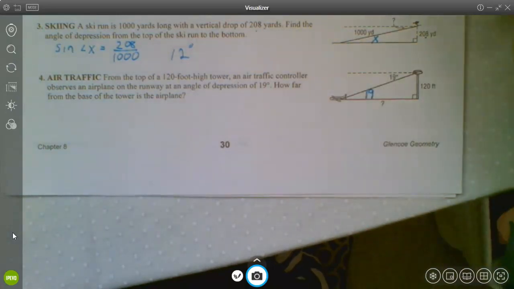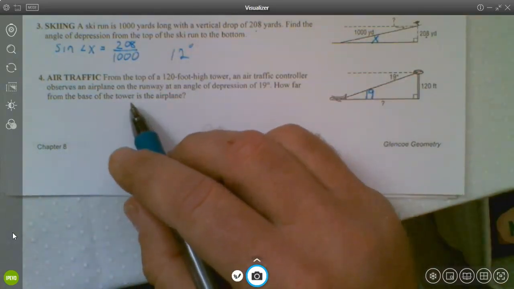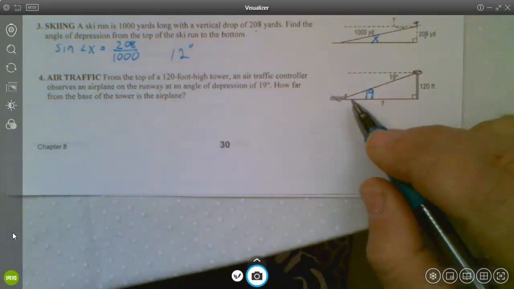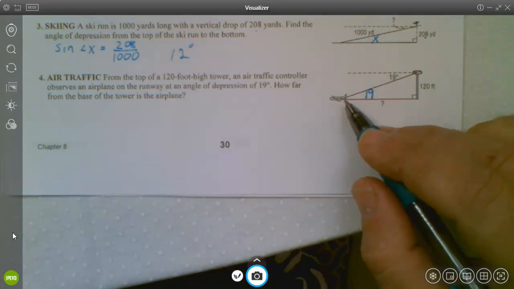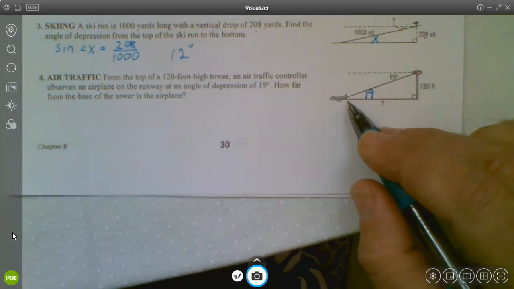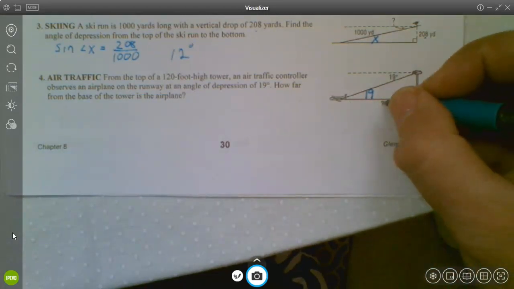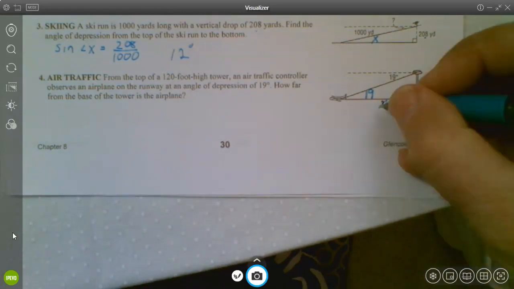So that's where I would put the 19. How far from the base of the tower is the plane? That's important. If they said how far from the top of the tower, that would be this line. But if they say how far from the base of the tower, it's going to be this line. So that's why this is our question mark. I'm just going to change that to an X. That's what we're trying to find.